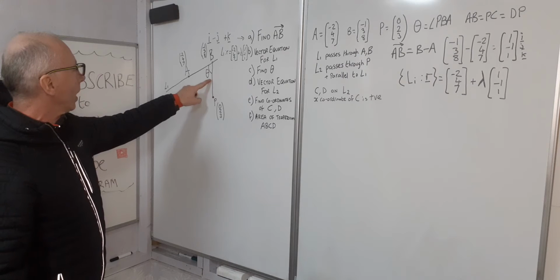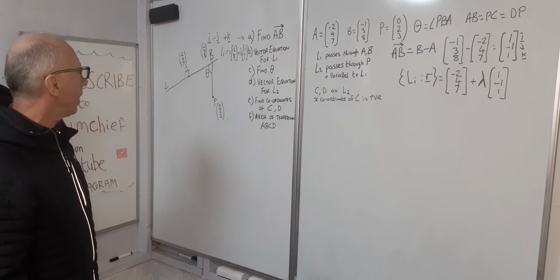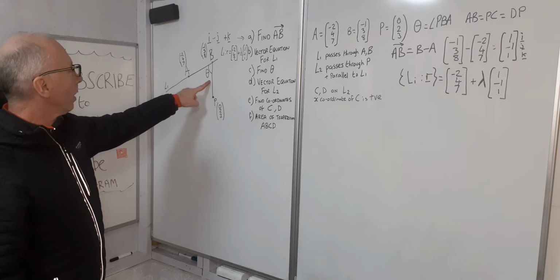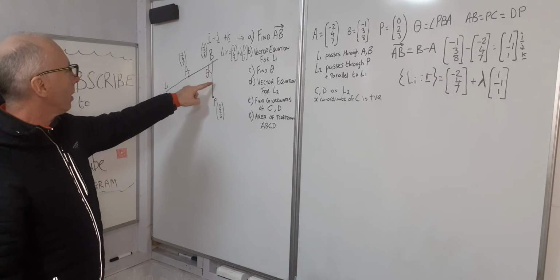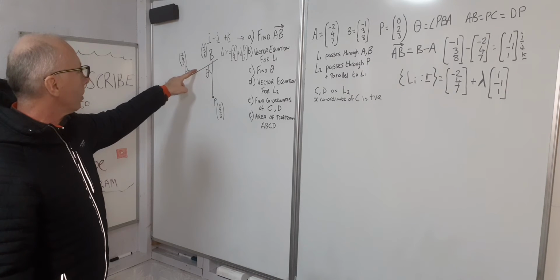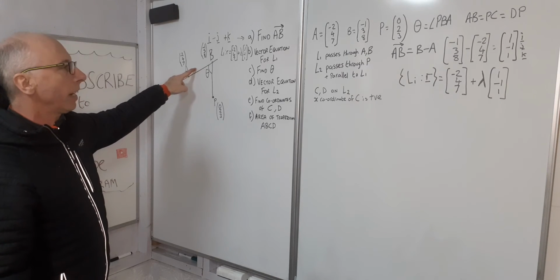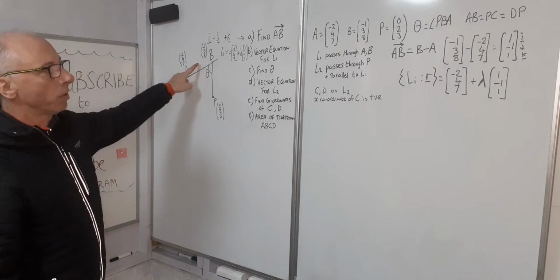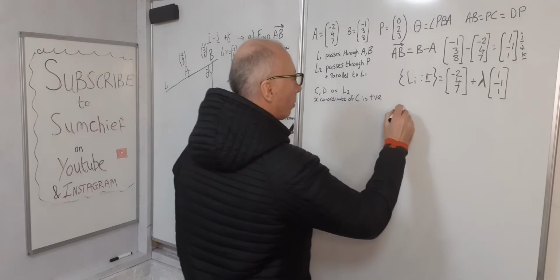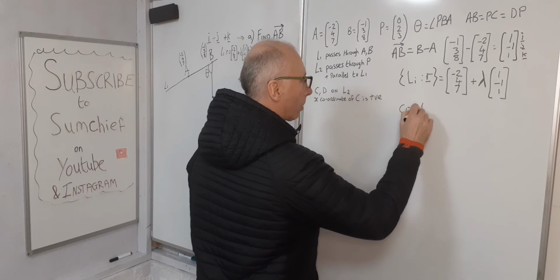So how are we going to work out theta from there? Well, using the cosine, we can say this line multiplied by this line and then divide by the absolute values.